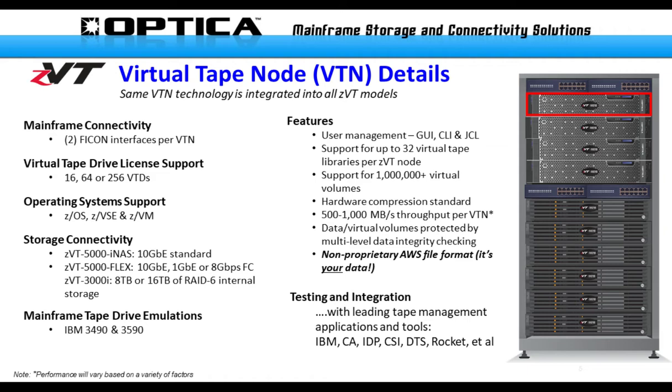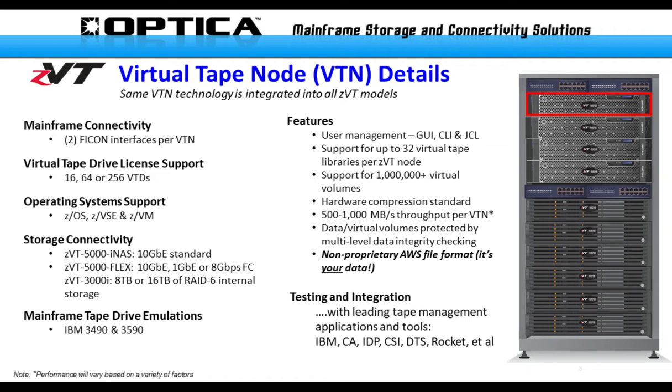The feature set, as an overview, we have a very nice GUI system on all models of the ZVT. That's one of the higher rated feedback items we receive from our customers, regarding the graphical user interface. And I might note it offers great flexibility in that you can do anything with the CLI interface and via JCL that you can do in the GUI.